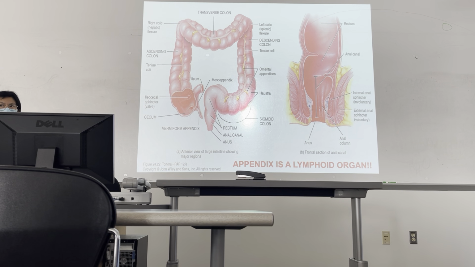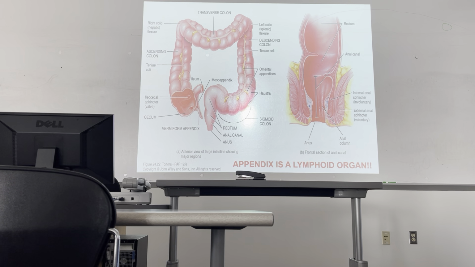How do you know? Sometimes the colon is not as big in the cat, and I like to look for that colon that's not too big. What will confirm that you're looking at the colon? For some reason, the colon has a ton of these epiploic appendages.